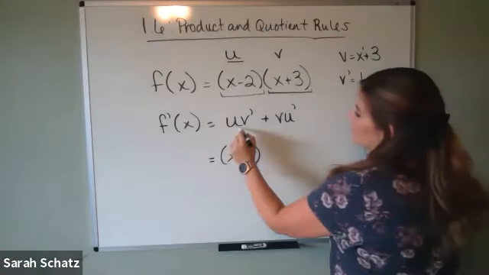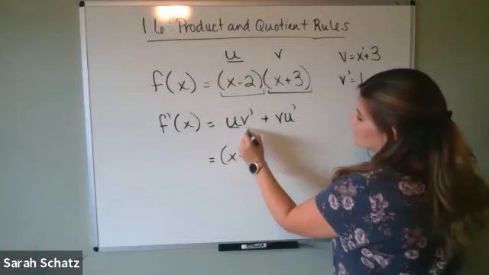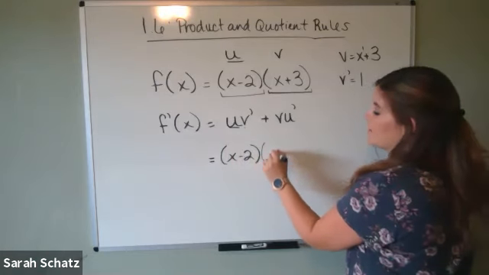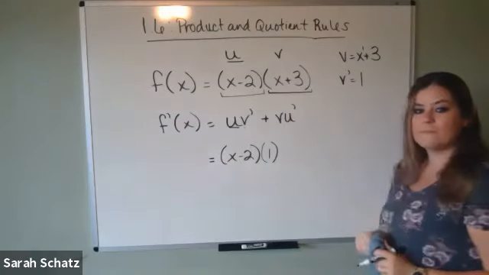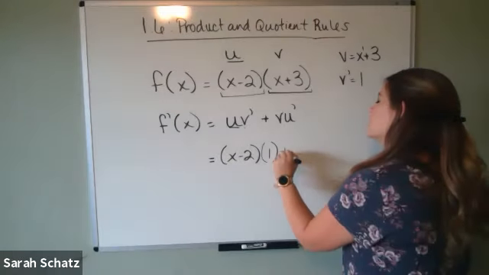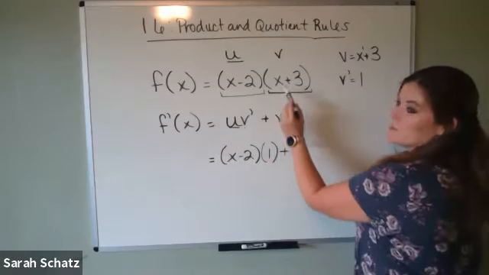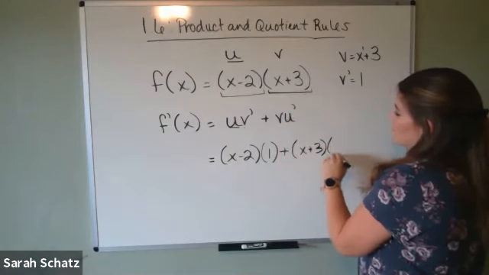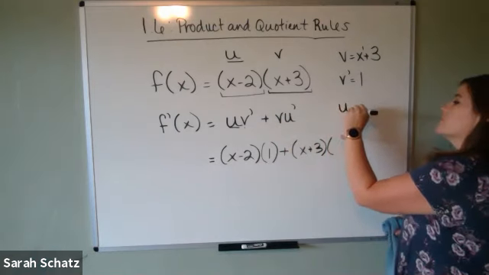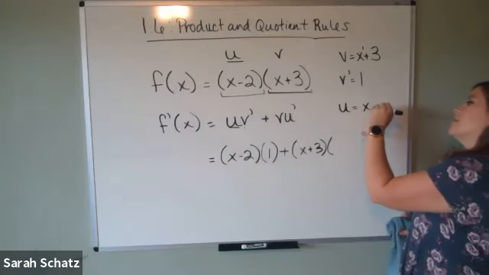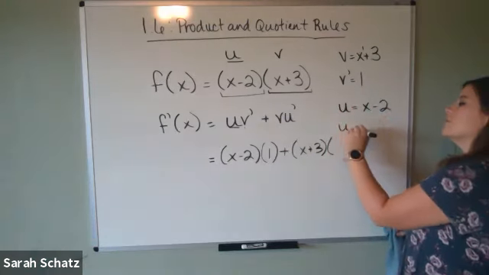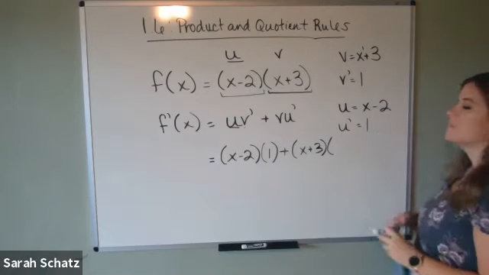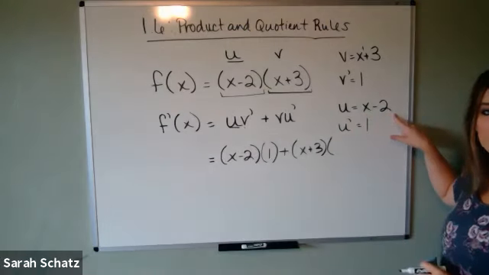So I have original U, that's right here, times the derivative of V, which I just found to be 1, plus original V, x plus 3, times the derivative of U. So if we take U over to the side, the derivative of U is also just going to be 1, because notice we just have the x and then the constant.